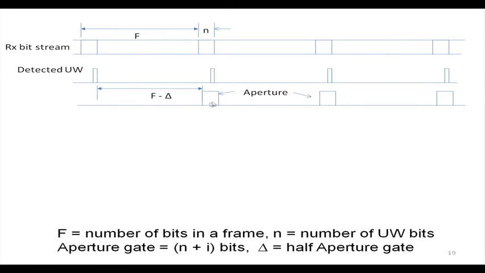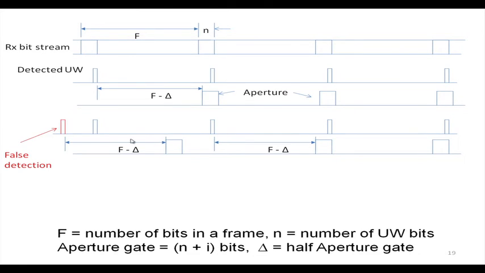Okay. And then let us say, before the actual Unicode comes, you got a false detection, and you open the aperture, but actually the Unicode is supposed to be detected here, and it will repeat after here.